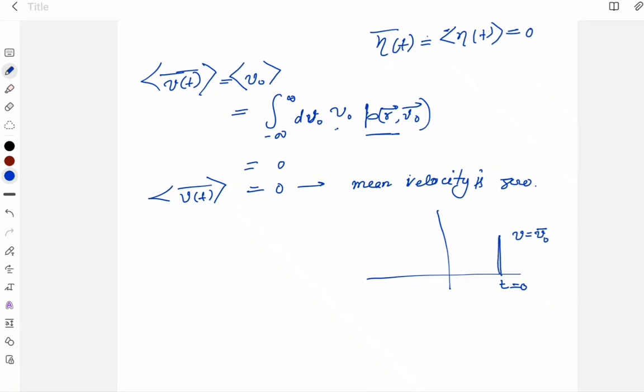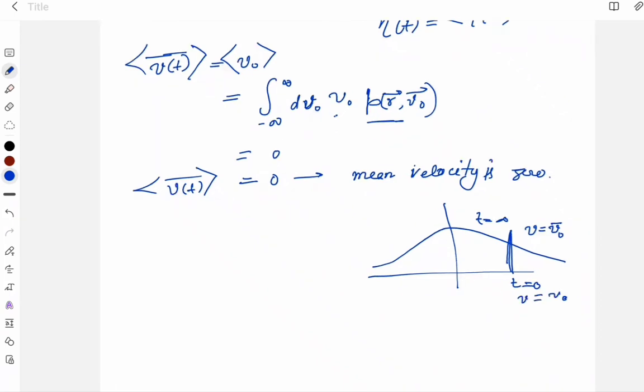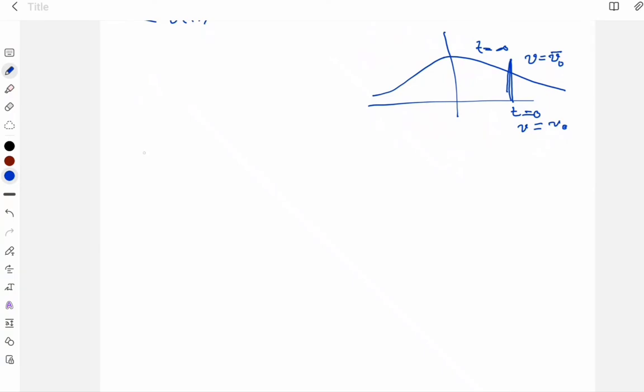Earlier it started with the delta function, but with time, as t goes to infinity, it converts to a Gaussian distribution.